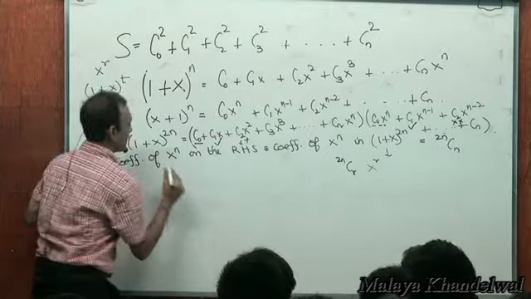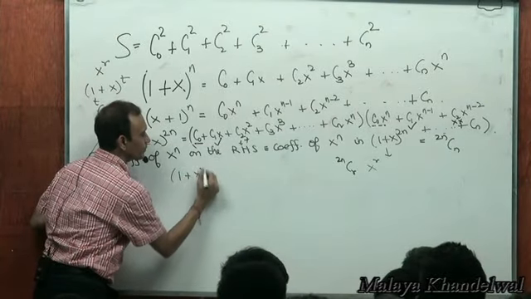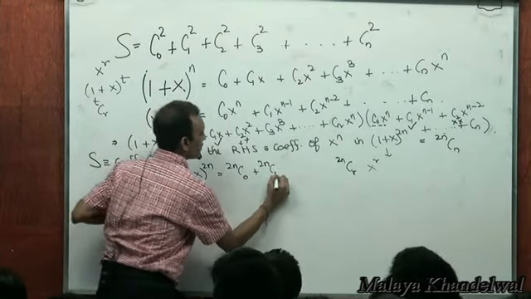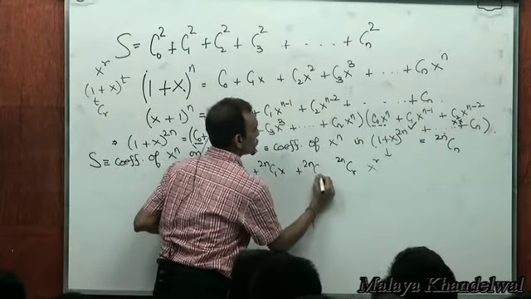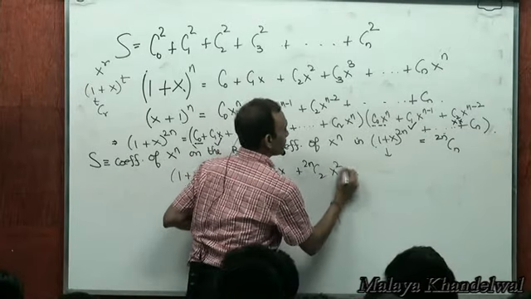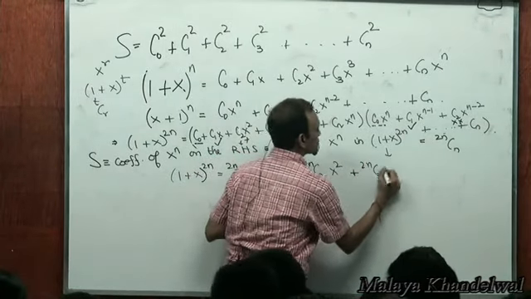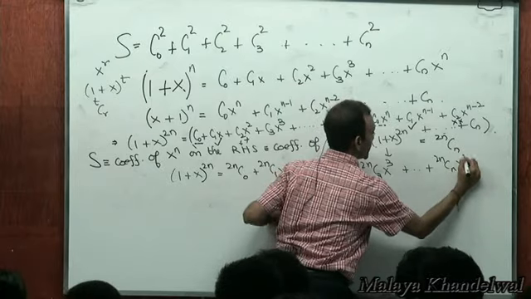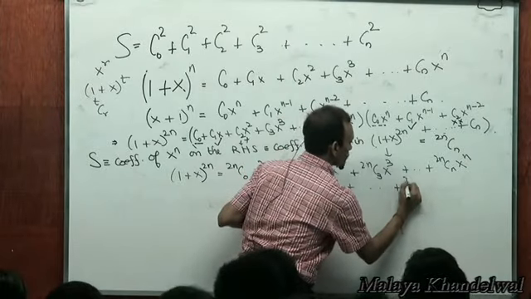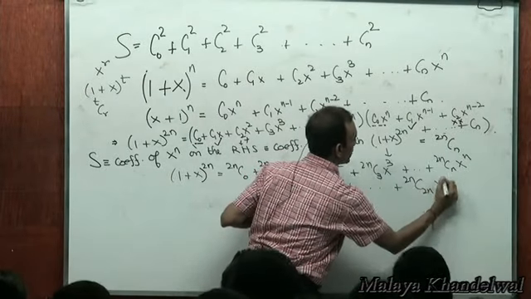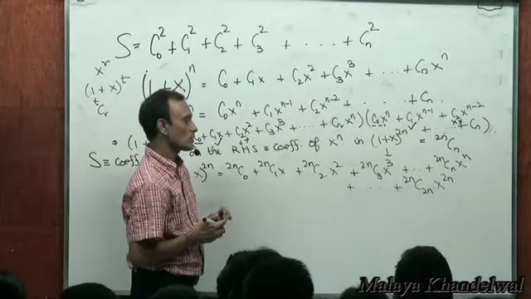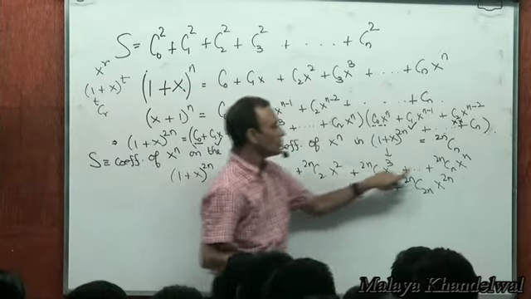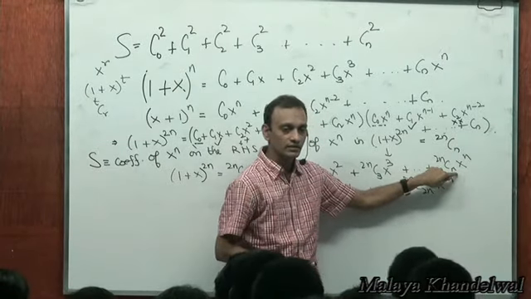See, if I expand (1+x)^2n, it's going to be 2nC0 plus 2nC1 x plus 2nC2 x squared plus 2nC3 x cubed plus ... 2nCn x^n ... 2nC2n x^2n, isn't it? Coefficient of x^r is 2nCr. Coefficient of x^n is 2nCn.